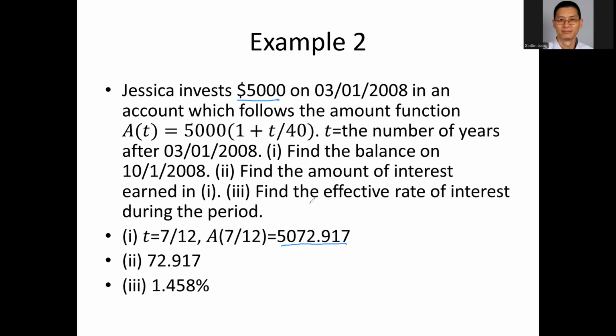And then the effective rate of interest during the period will be this number, 72.92 divided by 5,000. In terms of a percentage, it will be this number. And I think the answer comes from dividing 72.917 by 5,000.